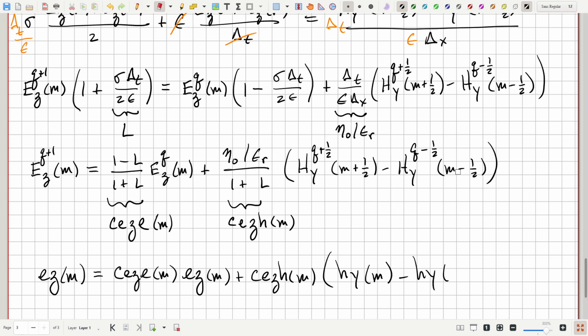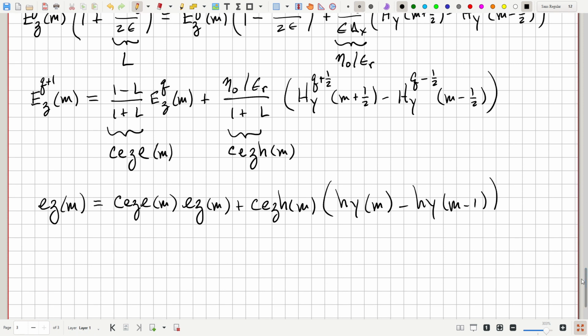Then this would become, subtract a half, so M minus a half minus a half, M minus 1. Okay, so that would be our new update equations if we had loss.